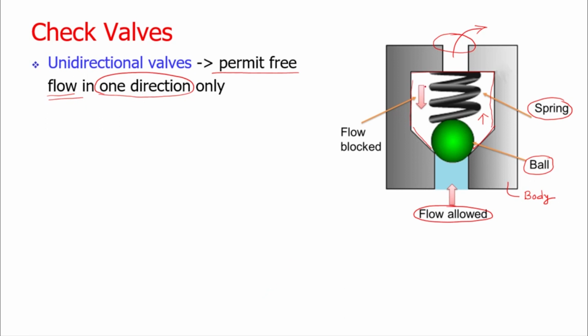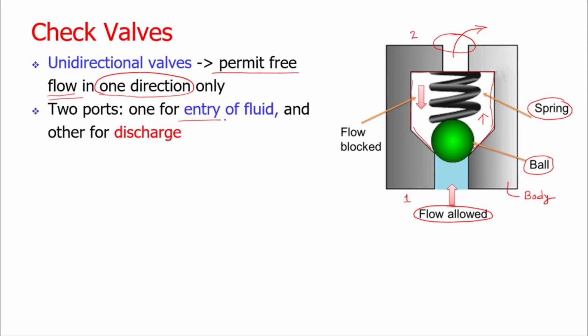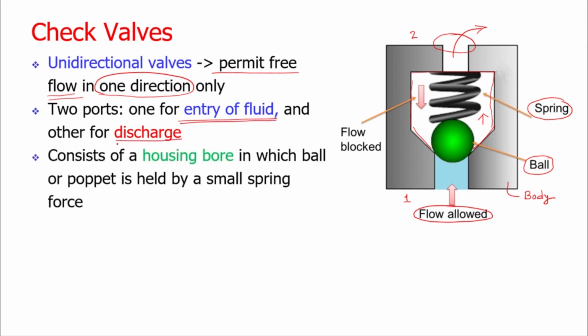In the other direction it is not possible. In this situation the fluid is passed from only one direction, from the end 1 to the end 2. As I mentioned, there are two ports, one for entry of the fluid, and the other for the discharge.